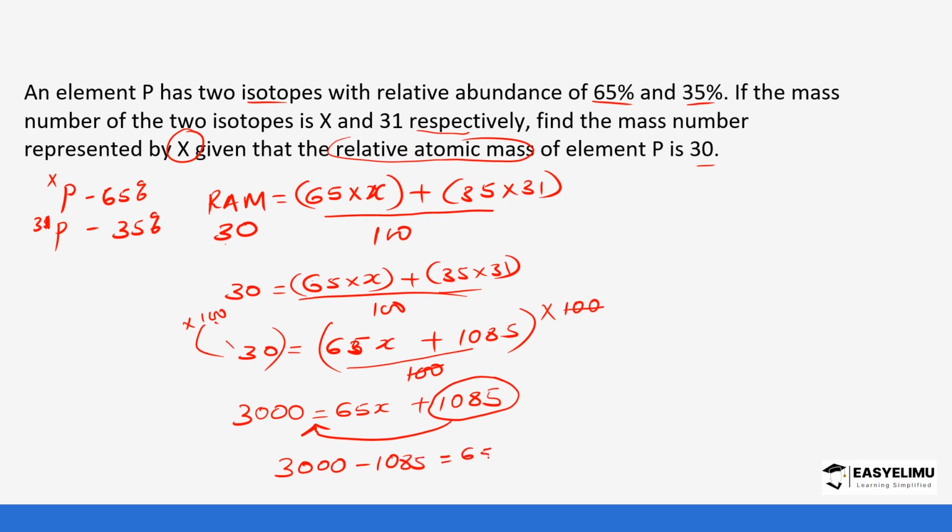So if you subtract 1085 from 3000, you get 1915, which is equal to 65X.